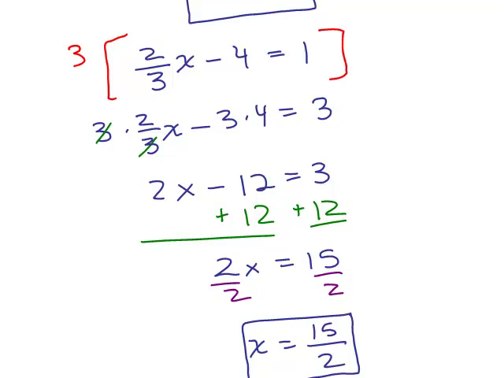If you do that, it's going to look exactly the same, except that you might write 3 times 1 right here. So you have the 3 times 2/3 x minus the 3 times 4. Then you write the equal sign. Then you have to also remember to do 3 on the other side. So I usually put brackets around my whole equation.